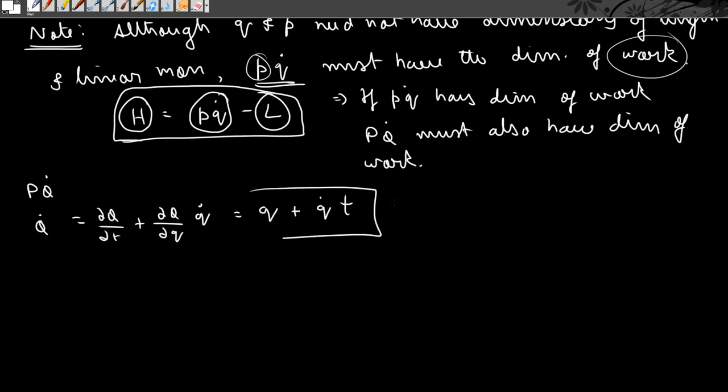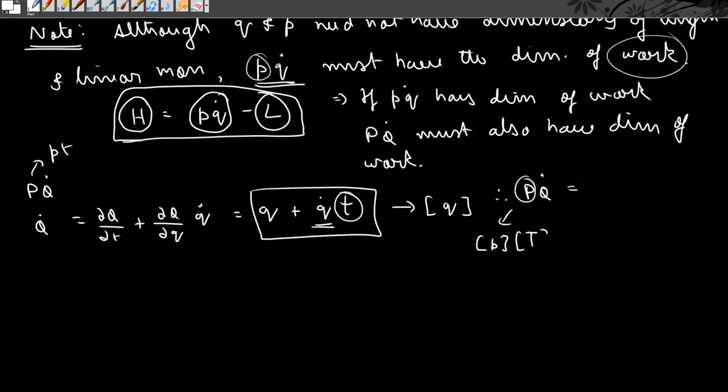Now this particular quantity has the dimension of q, because q̇ is the dimension of q divided by the dimension of time, multiplied by time gives back the dimension of q. Since P is defined as p times t, P has dimensions of p multiplied with time, whereas our Q̇ has the dimension of q.